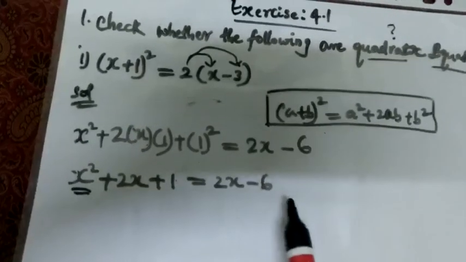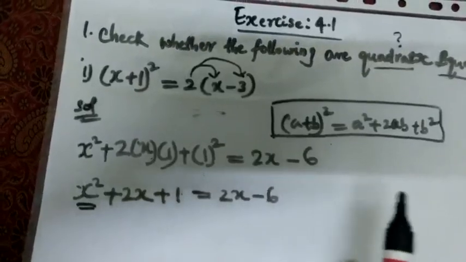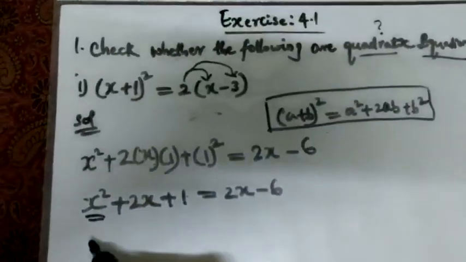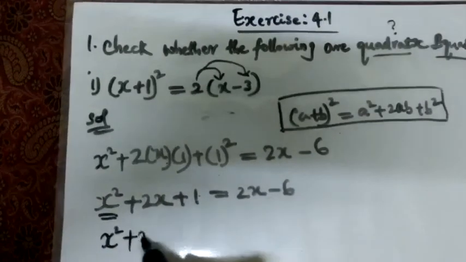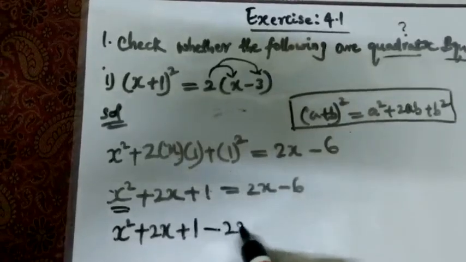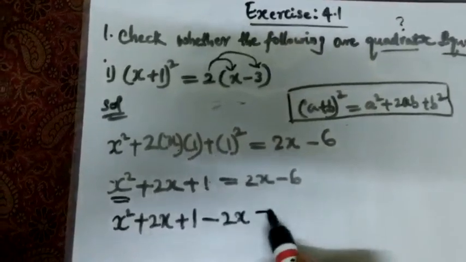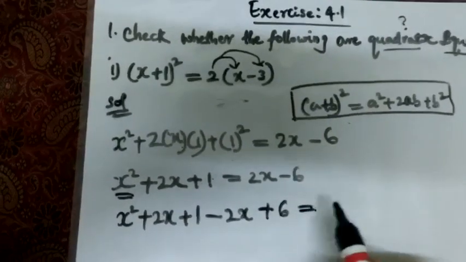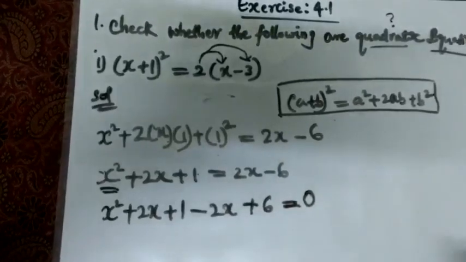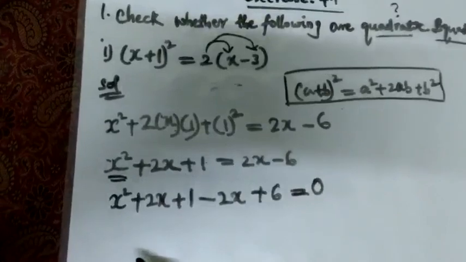So I will transpose these terms to the other side. So now I am transposing: x square plus 2x plus 1, plus 2x comes here, it becomes minus 2x, minus 6 will become here plus 6, equal to, there is nothing left on the other side, so it will be 0. Now let's try to sort out like terms.